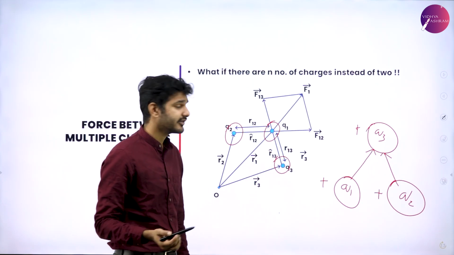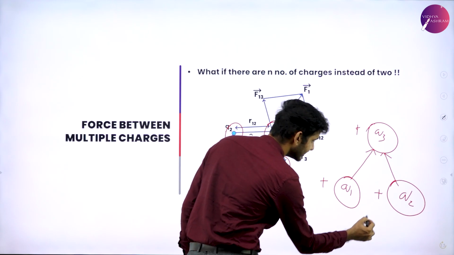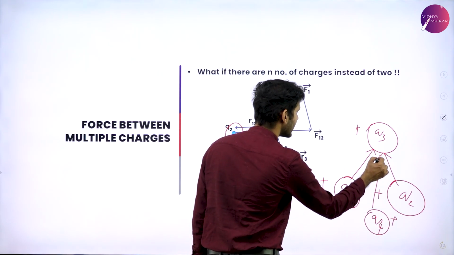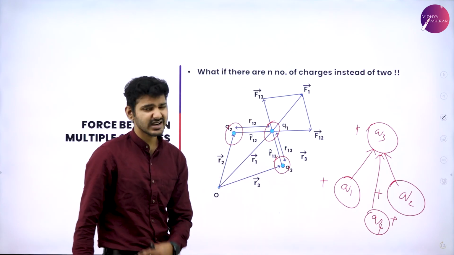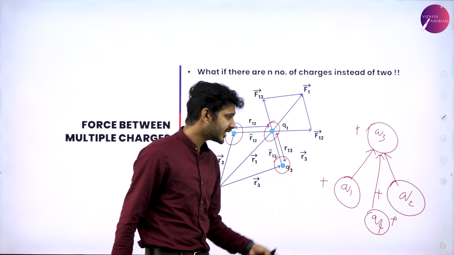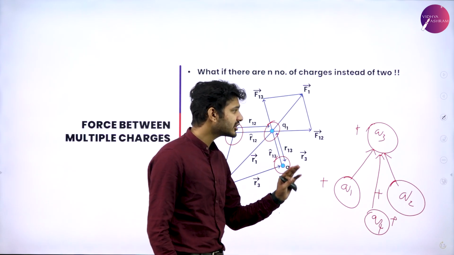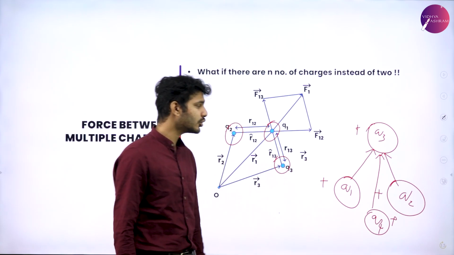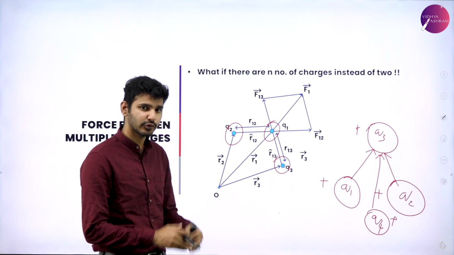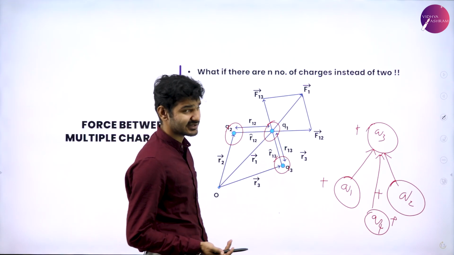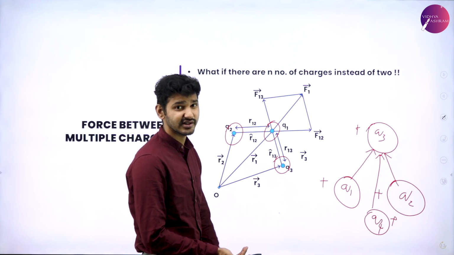And it doesn't matter if there are a couple more friends here, like Q4, which is also positively charged, and many charges are there, it doesn't matter. We know that they are all pushing on Q3 with a force, and we are going to calculate what exactly that force is. So just to know how much force Q3 is experiencing, poor fellow, we have to calculate that for him.